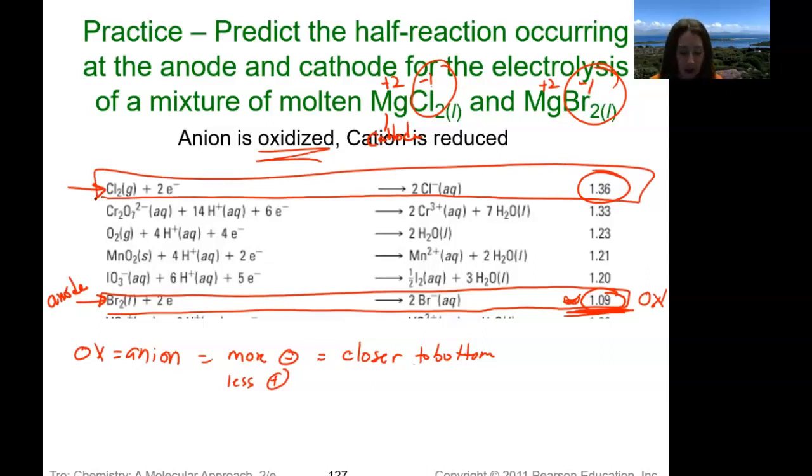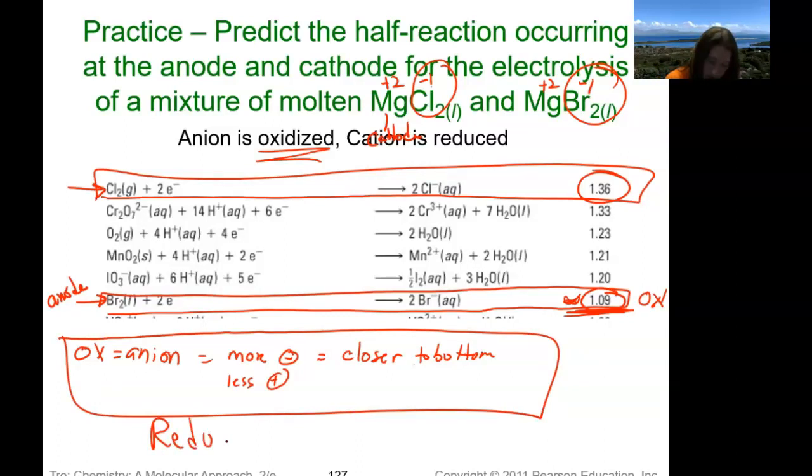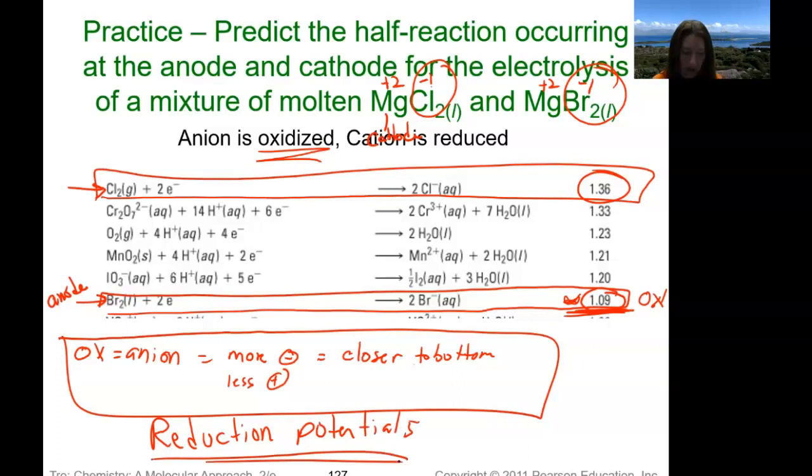But I also want to remind you, all of these things I'm saying right here are all talking about reduction potentials. Right? They're all talking about reduction potentials. So even though we're saying that either of these could oxidize, they're not going in that direction, right? They're going to flip.